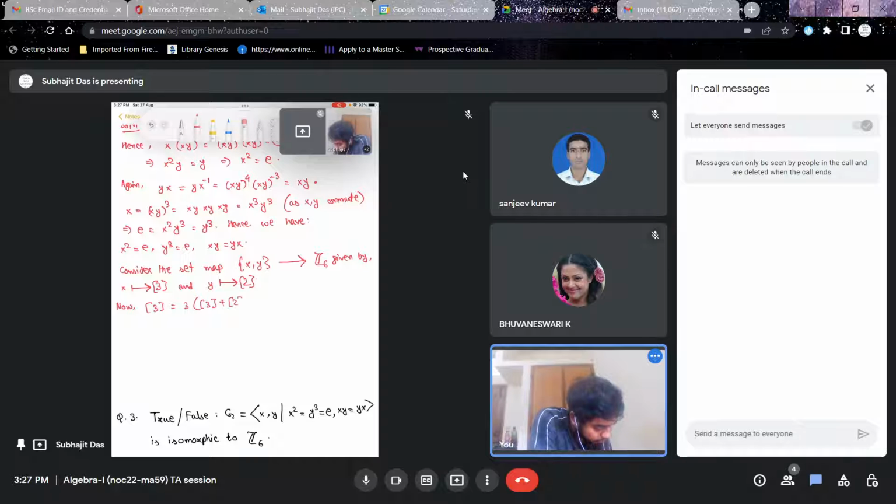This is certainly true in Z6, because it's the class of 5, and multiplying by 3 you get 15, which is just 3 mod 6.